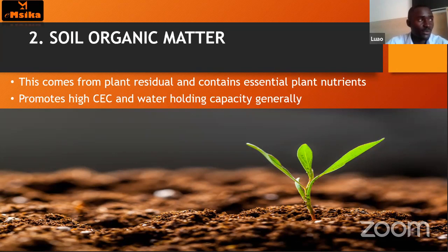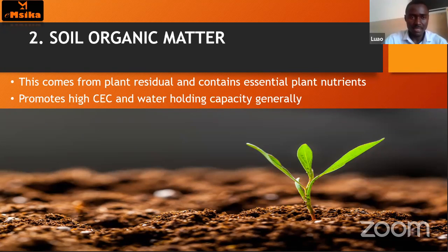Also, water holding capacity is improved, because the soil becomes better able to hold water and the plants survive, so that all the nutrients being added in the soil are taken up by the plant.